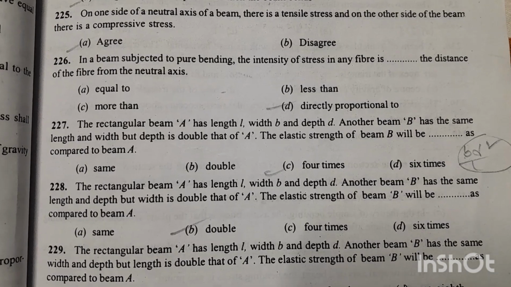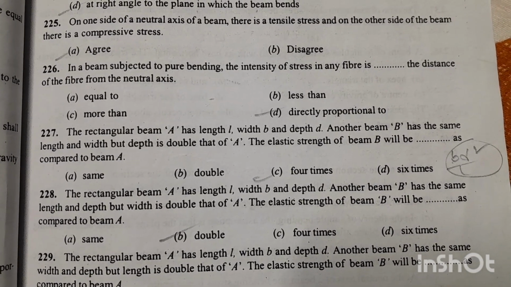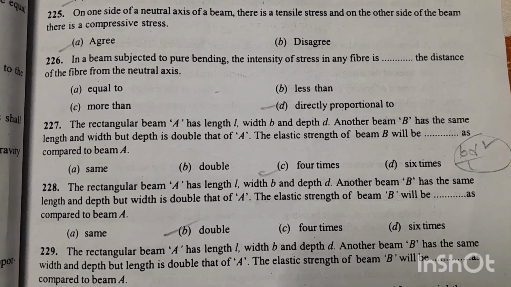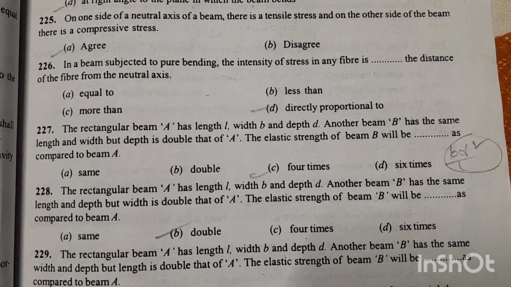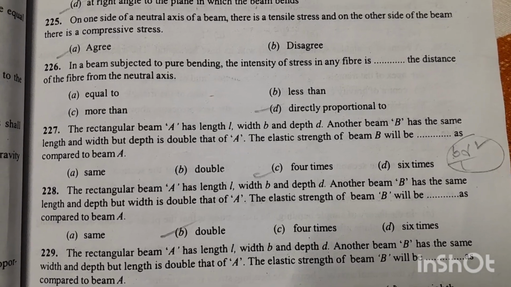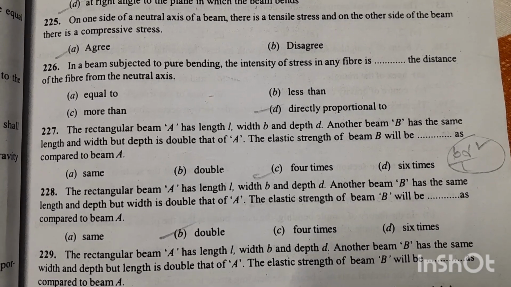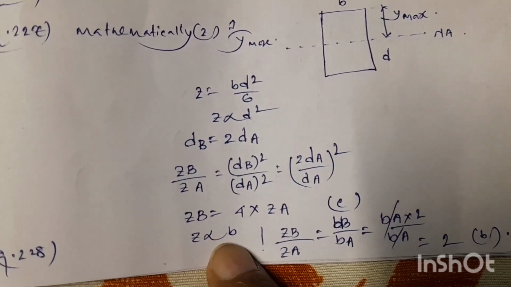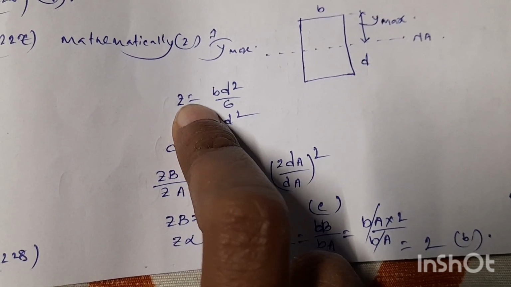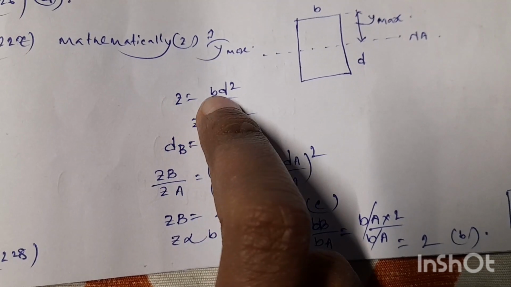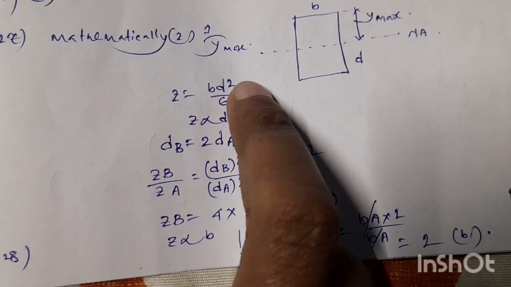The rectangular beam A has length L, width B and depth D. Another beam B has the same length and depth but width is double of that of A. The elastic strength of the beam B will be how much as compared to the beam A? We know from this equation section modulus will be directly proportional to the breadth of the beam small b.